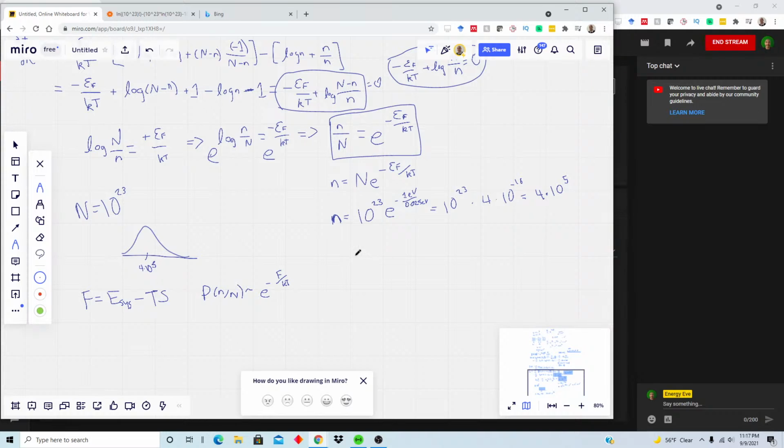And he had drawn a graph like this, where this is the energy of the system. It basically increases exponentially. So this is the energy of the system as the number of defects increases, right?